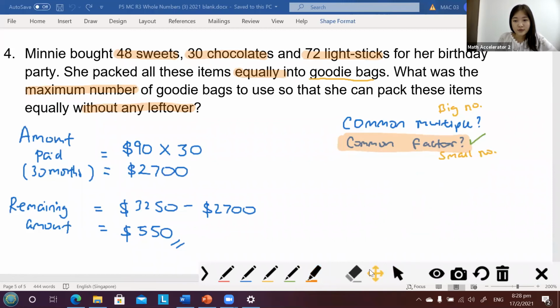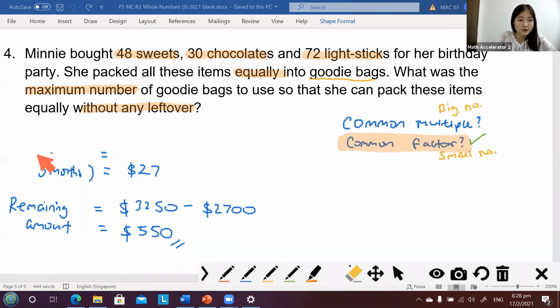So how to find common factor? You have to list out your factors. Let me make some space. Highest or lowest common factor? If you read the question, they say maximum number of goodie bags. Maximum, so that will mean highest common factor.